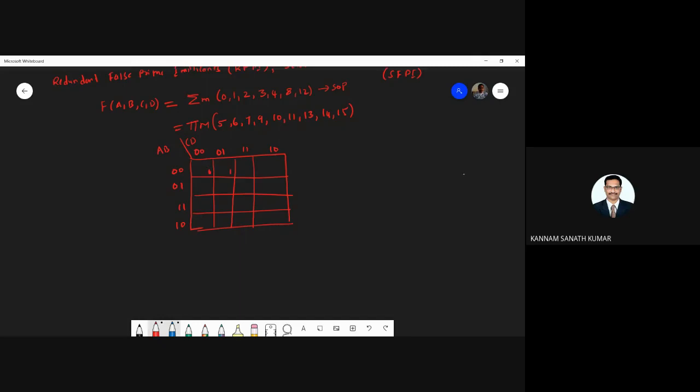So 0, 1, 2, 3, 4, 5, 6, 7, 8, 9, 10, 11, 12, 13, 14, and 15. Now you need to write the zeros. So 5 is 0, and 6, 7, 9, 10, 11. Okay. And next 13, 14, and 15.